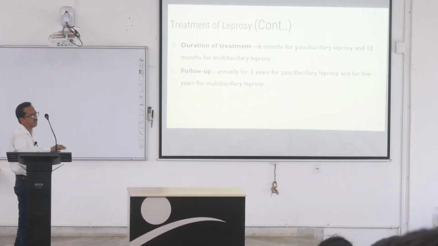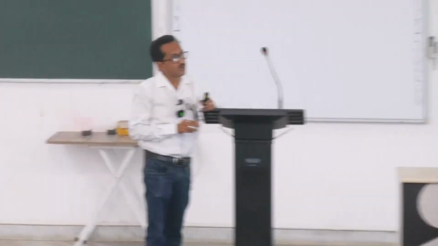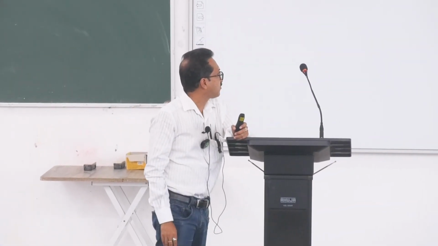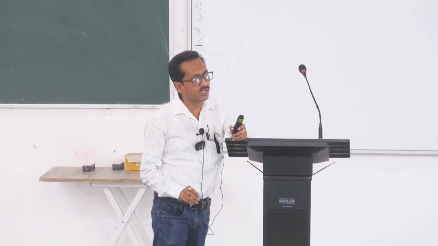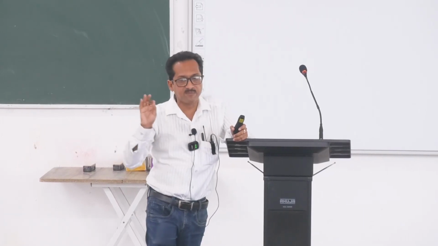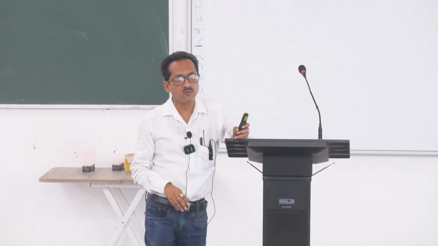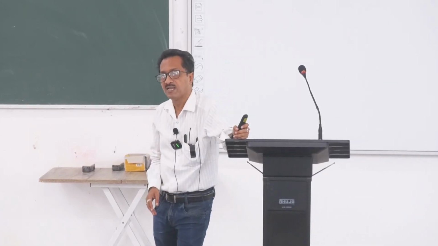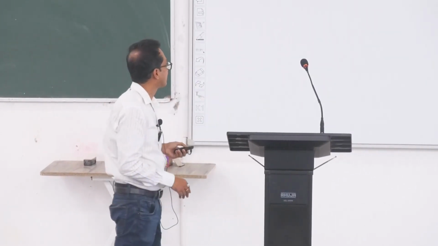Now what is the difference between paucibacillary and multibacillary? It is in the duration of treatment. The regime is the same, 3 drugs: dapsone, rifampicin and clofazimine. But for paucibacillary you continue for 6 months, and for multibacillary you continue for 12 months.